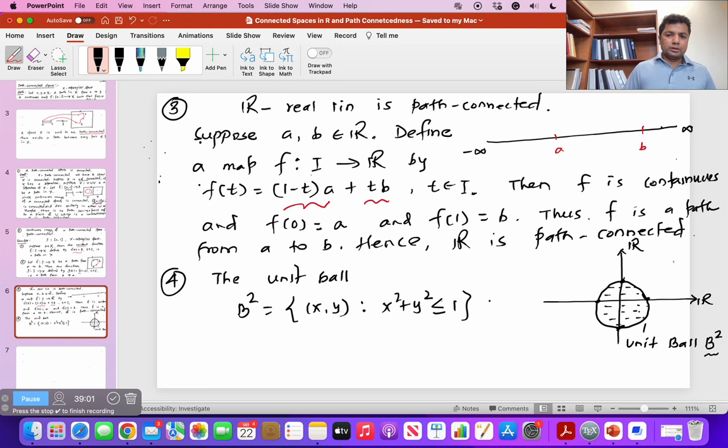The unit ball in R2 is path connected. As I said before, if you want to see why this ball is path connected mathematically, then we need to define a function or map.